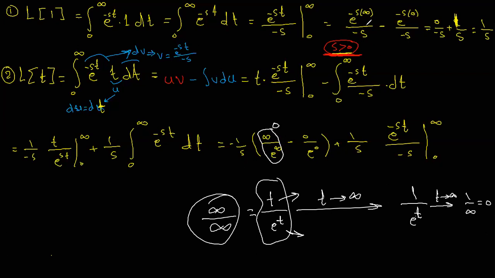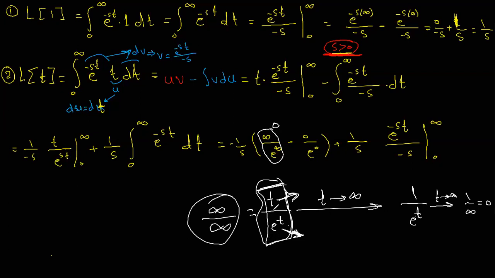And also, look what I know. Up, I have t. Down, I have e to the t. Which one of those functions, the t, which is my numerator, and the e to the t, which is my denominator, is faster and will arrive to infinity first?